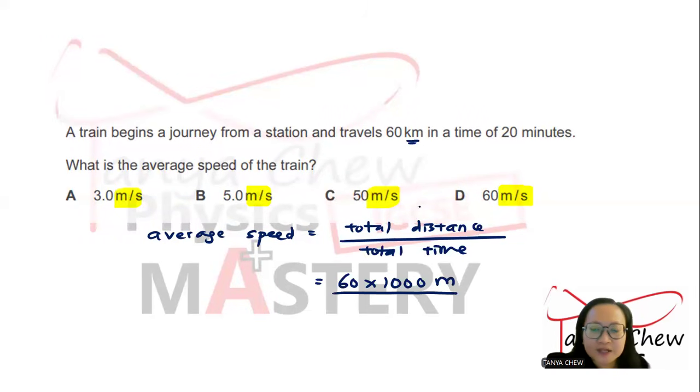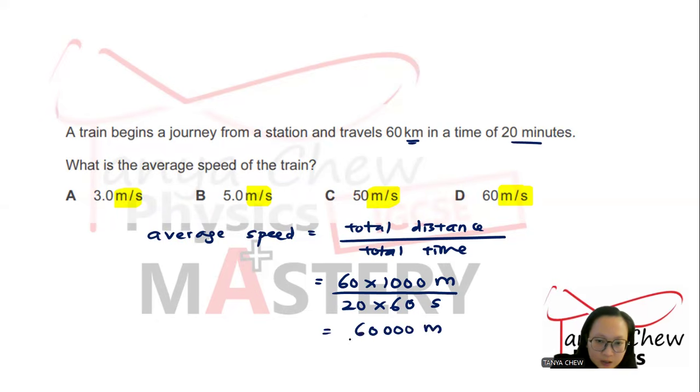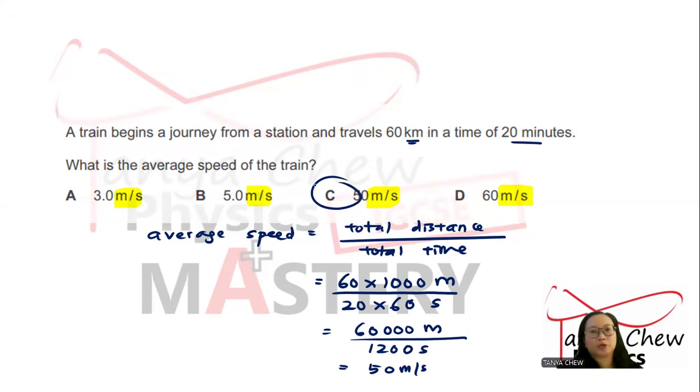And time is given as 20 minutes, but it should be in second. 1 minute is equal to 60 seconds, so 20 minutes, you times 60. When you do your calculation, you should get 60,000 meter divided by 1,200 second. So the answer is 50 meter per second. C is the answer.